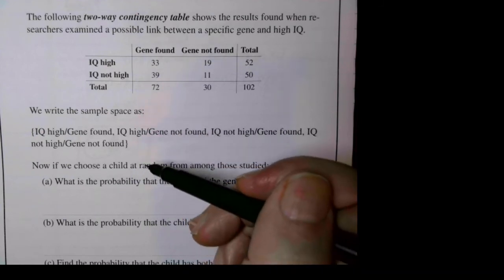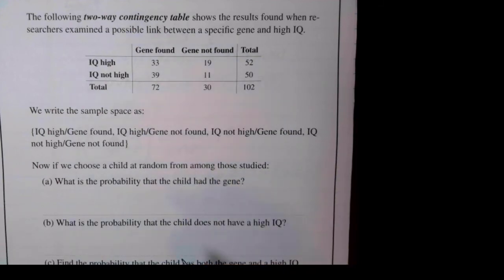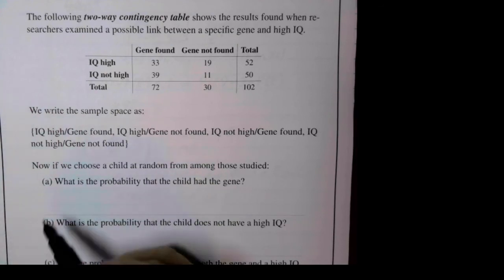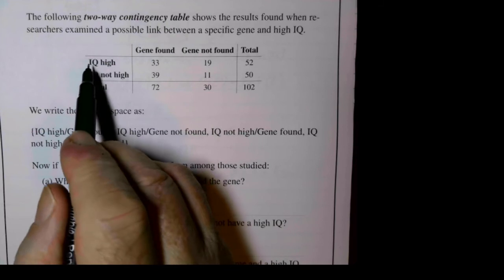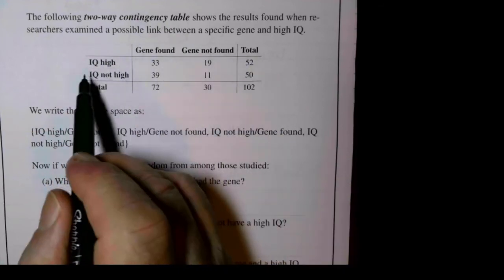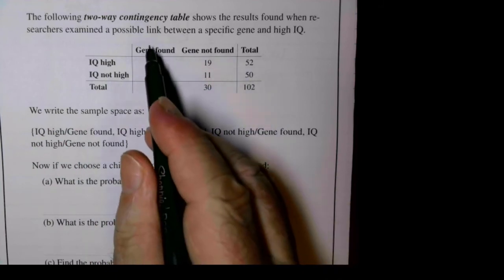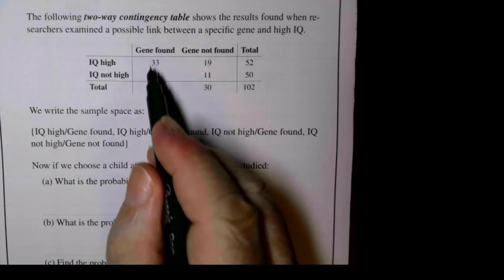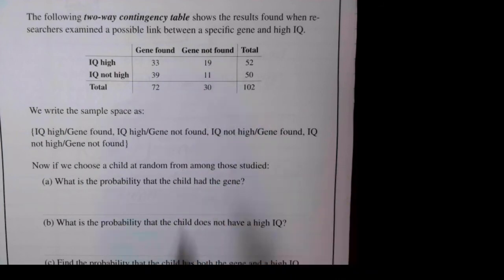They tested a bunch of children to see if they had a specific gene, and also gave them an IQ test to see how high their IQs were. If a person had a high IQ, he's identified in this row. If he didn't, it's in this row. And similarly with the columns, people with the gene were put here and people without the gene here.